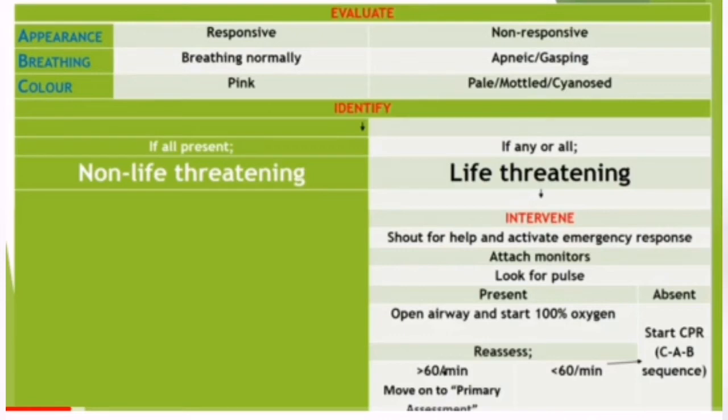You give it as a bolus. And you have to be careful, looking for signs of fluid overload. Every time you repeat the normal saline, you have to auscultate the chest for any crepitation. Look for any signs of fluid overload.